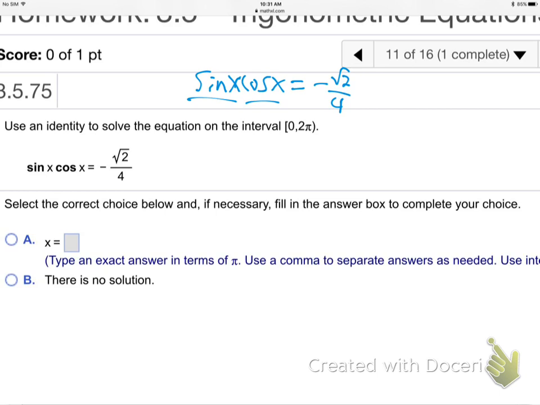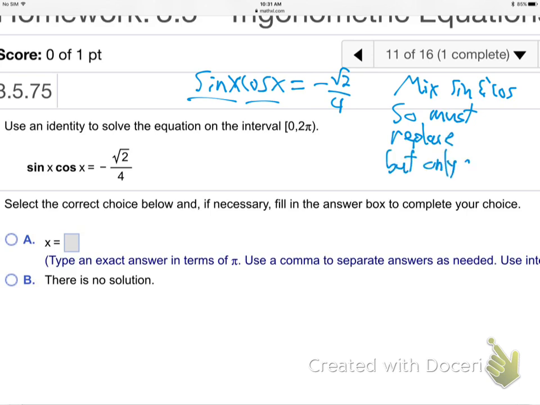I'm looking and saying there's a mix of sine and cosine. Can't have that, got to replace, right? There's a mix of sine and cosine, so we must replace, but only allowed to replace sine squared or cosine squared, not regular sine or cosine.